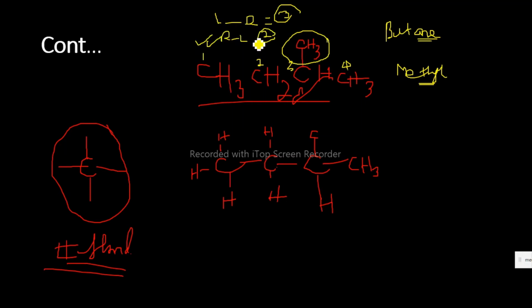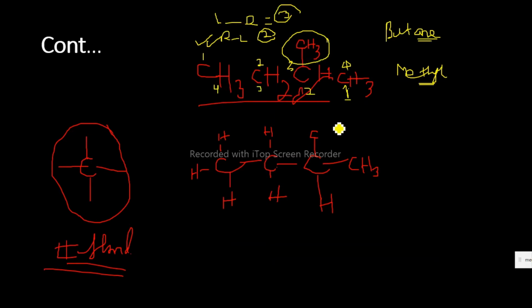Locant means the carbon atom where a group is attached. And in this case, the lowest locant is 2. So we count from this side, and this becomes carbon 1, this becomes carbon 2, this becomes carbon 3, and this one becomes carbon 4.